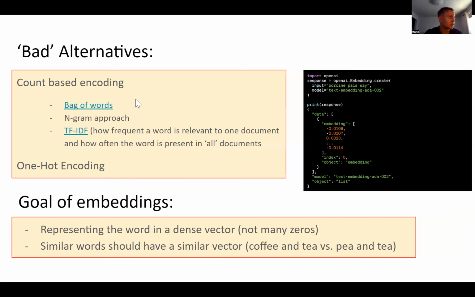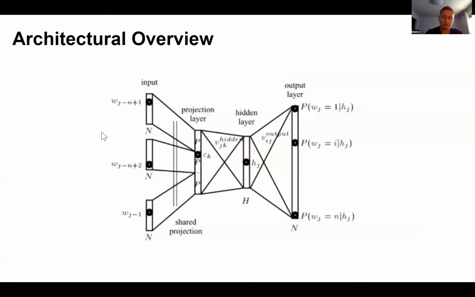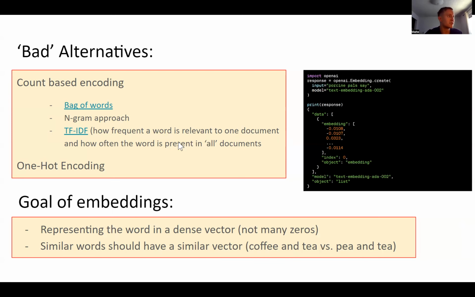So bag of words, essentially what it does, it takes a sentence, I just mentioned it, and it basically counts the frequency of the words in that sentence and assigns a number to it. N-gram basically gives you a combination of words. So for example, if you take this sentence, one encoded document would be how frequent.